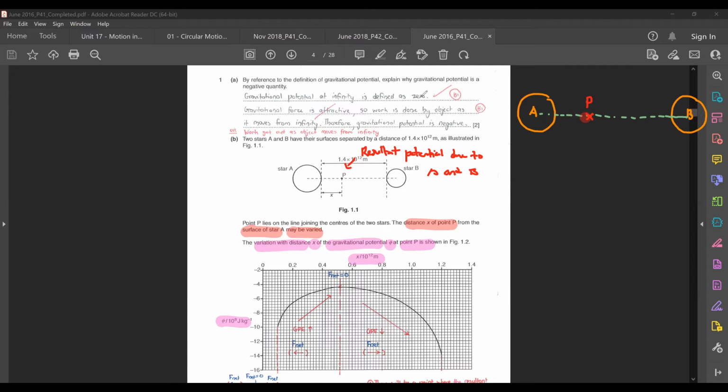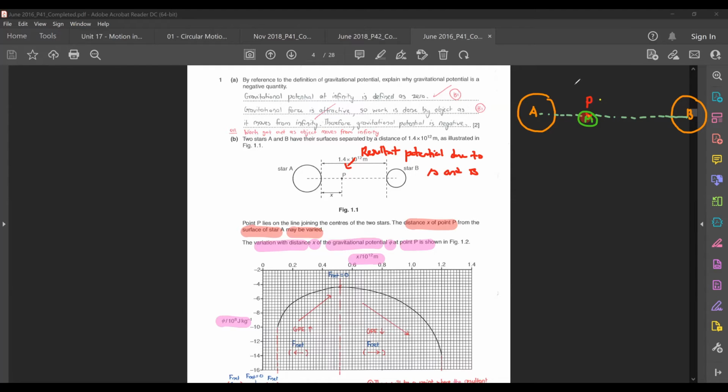So if I want to find out something about point P, I will put a test mass here in order to find out certain things about that point inside the field.